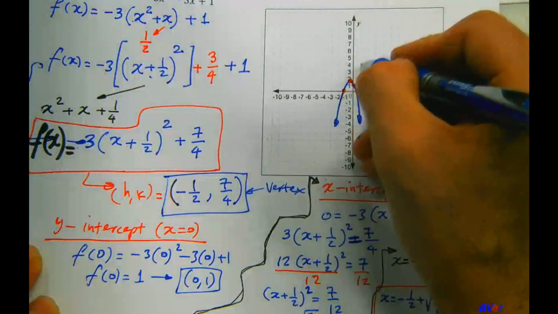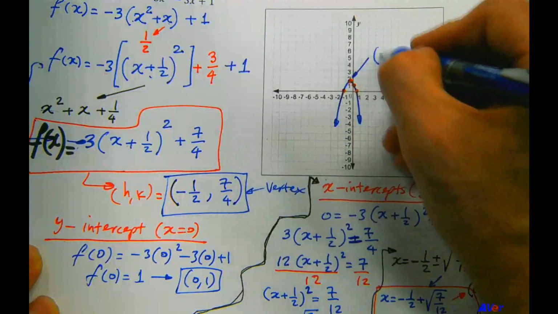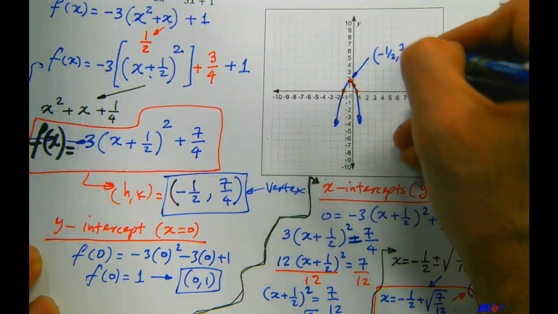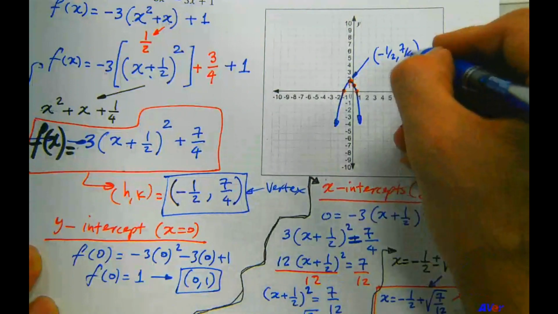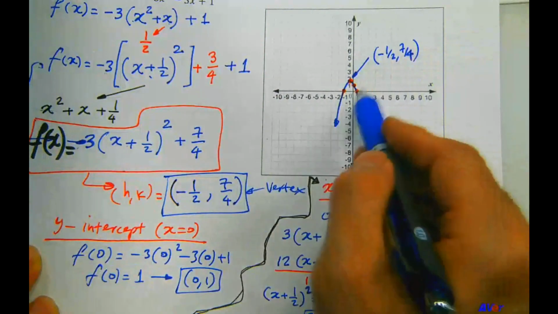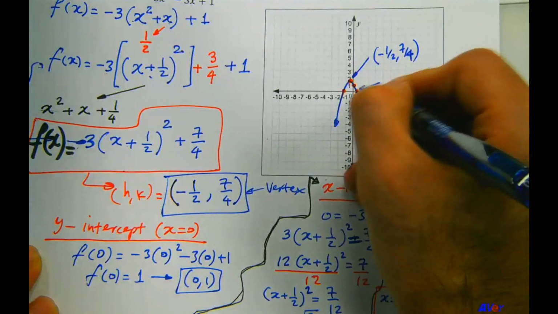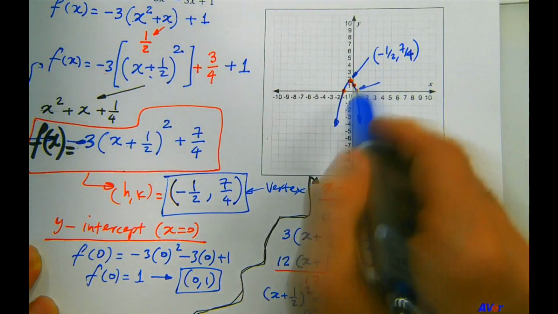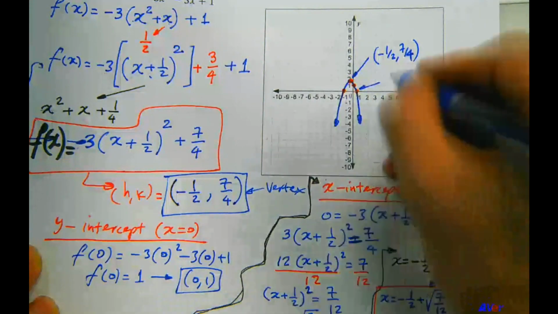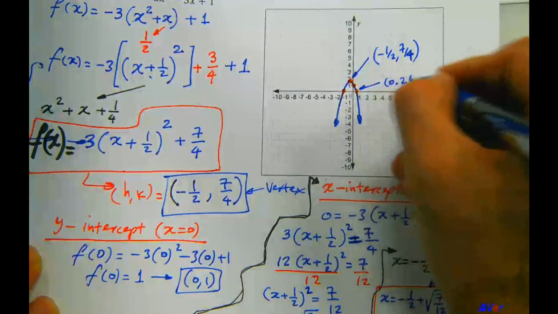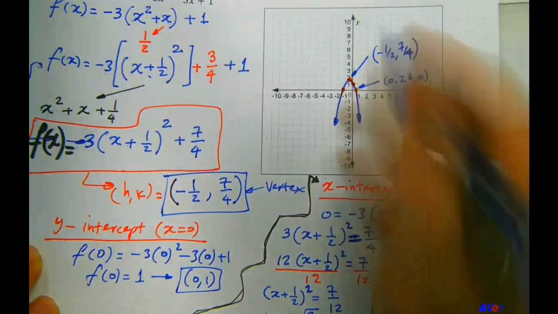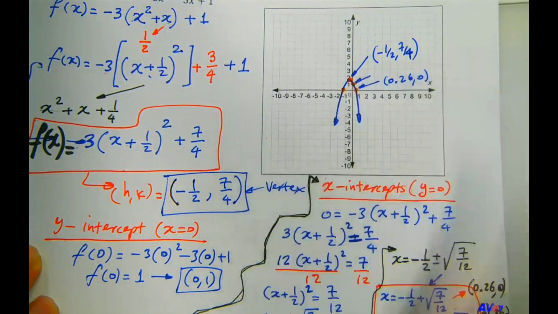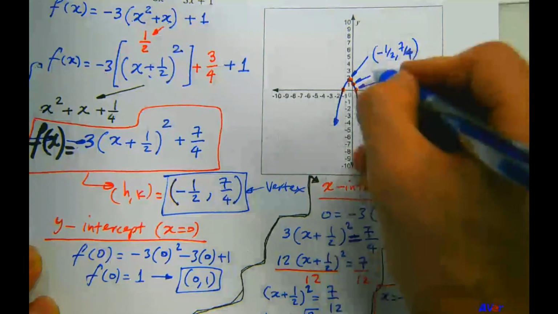Okay, that vertex is negative 1/2, 7/4. That point, which is the x-intercept, is 0.26, 0. The y-intercept was 0, 1.